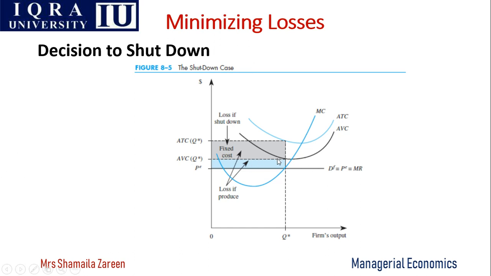In other words, for each unit sold, the firm would be losing average total cost minus PE. When the per unit loss is multiplied by Q star, negative profits result that correspond to the sum of two shaded rectangles in figure 8.5.